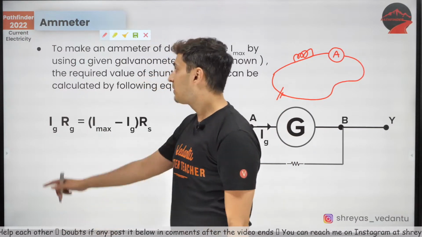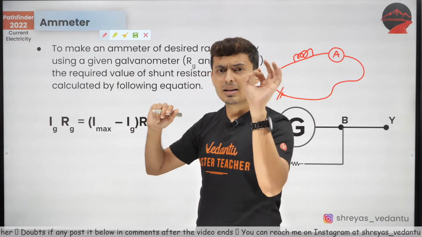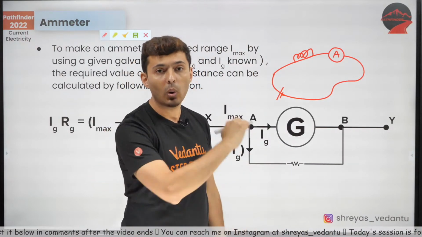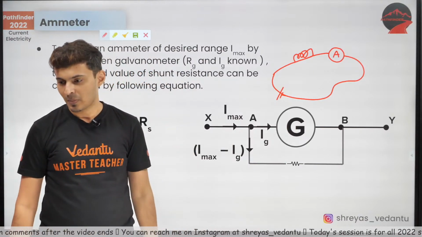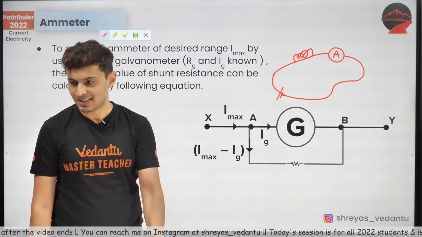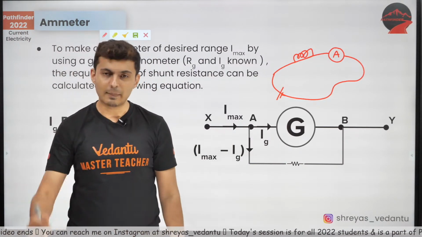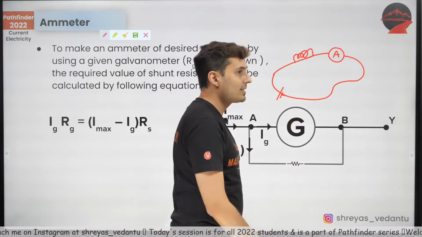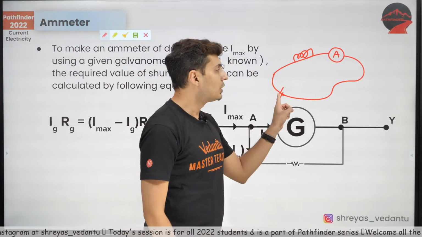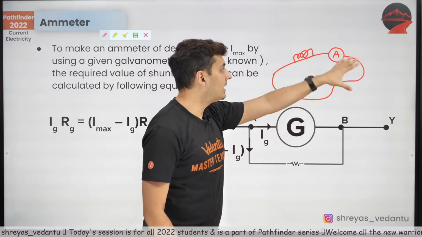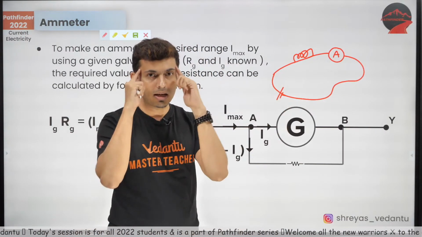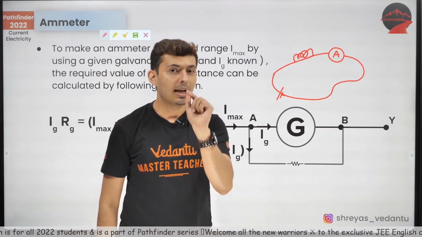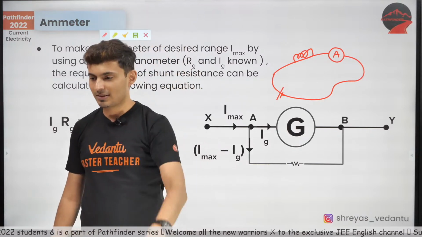That means the ammeter should have very, very low resistance. Keep this in mind. So that low resistance will help make sure that the current in the circuit does not change. So remember, ammeters have very less resistance, but an ideal ammeter will have zero resistance.